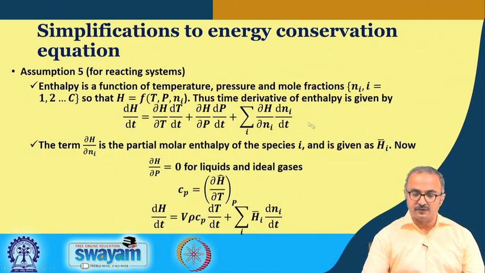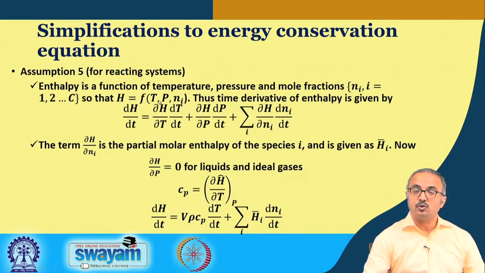Now, with this we can replace this with h over bar, and many times for liquids and ideal gases the enthalpy is independent of the pressure, so that we can write dou H by dou P is equal to 0.